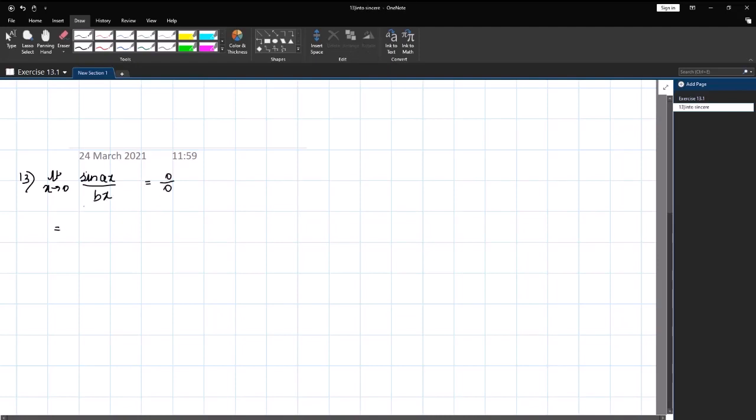So now what we'll do is limit x tends to 0, sine ax divided by ax into ax divided by bx. What we have done is we have multiplied and divided by ax. So here x and x get cancelled. So sine ax divided by ax will be tending to 1, and what is remaining here is a by b.